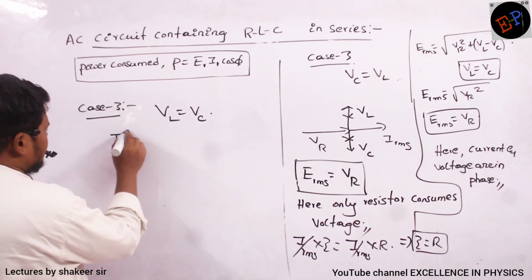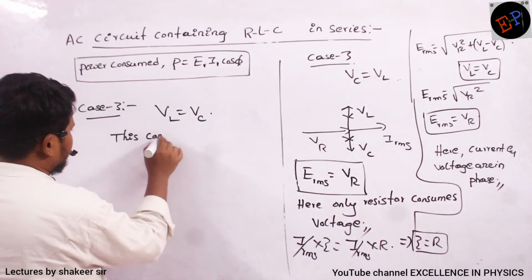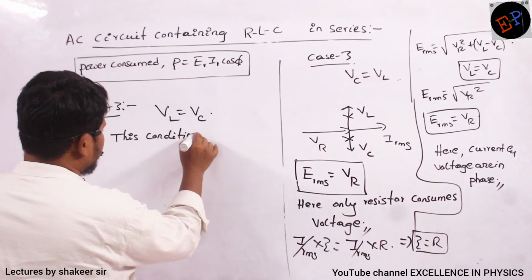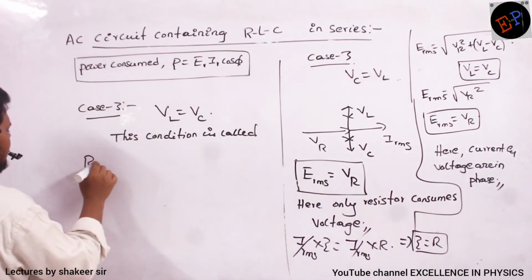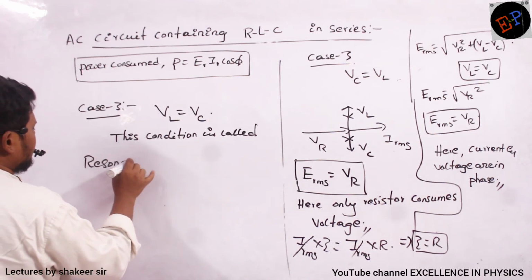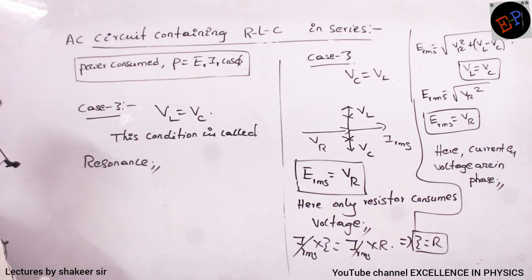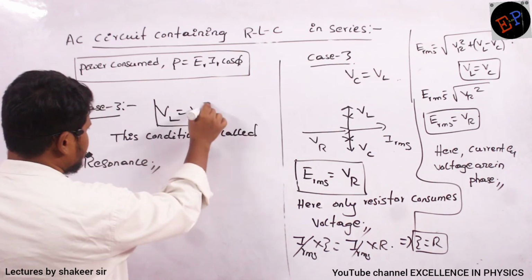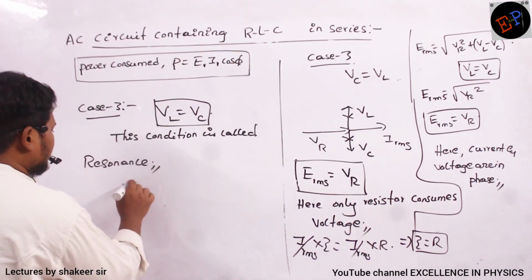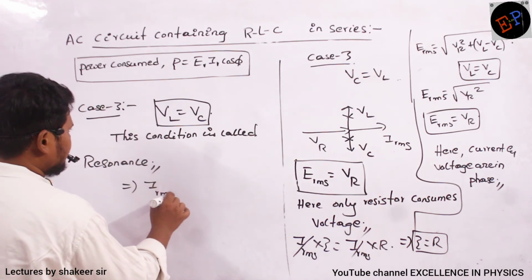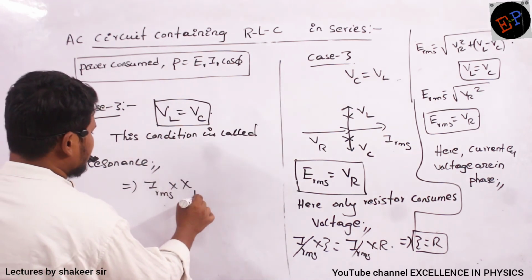Clear? This condition is called resonance. What is the name of this condition? Resonance condition. So in resonance, VL and VC will be equal to each other. And what is VL? VL can be written as IRMS multiplied by XL.